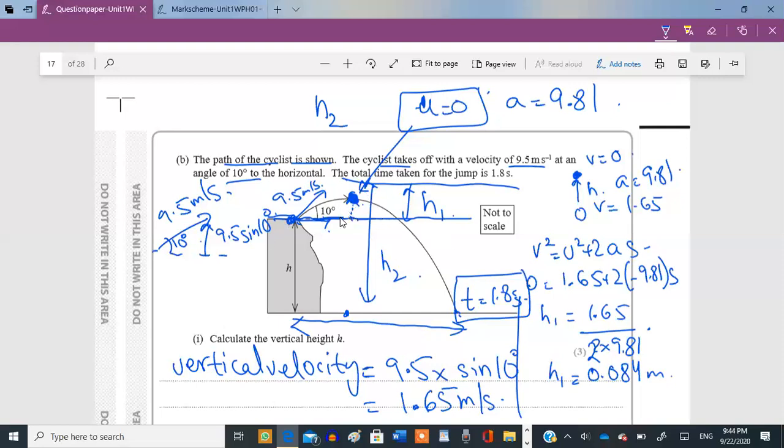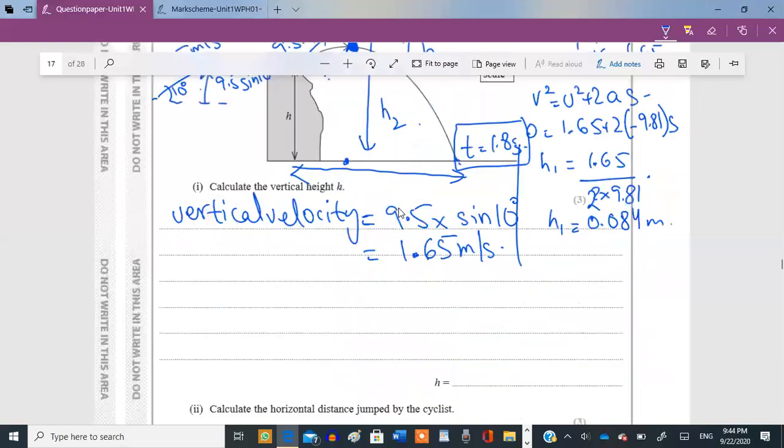So what we can do is calculate the time it took for the cyclist to reach the maximum height from the hill, meaning the first part of the journey. How can we calculate the time? We can apply any formula, because everything is given.